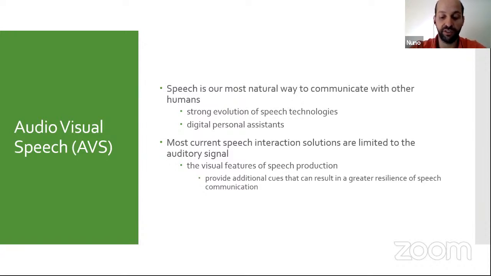Although speech technology and digital assistants are evolving, the current products mostly rely on the auditory signal of speech. But visual features of speech could provide additional cues that can result in greater resilience of speech communication.